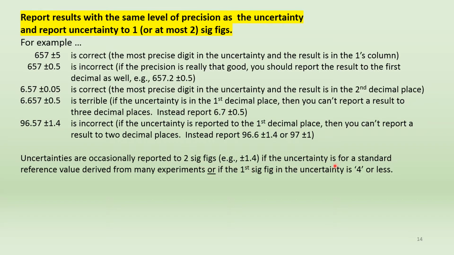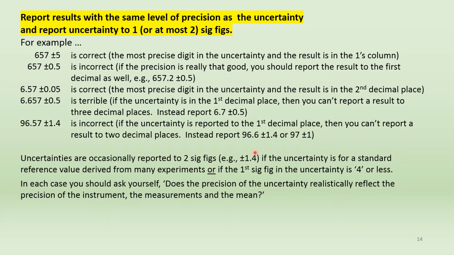If the uncertainty is for a standard reference value, you might see this in the literature or a handbook derived by many experimenters, or in your case, with your data, if the first sig fig on the uncertainty is 4 or less. Here's the first sig fig in the uncertainty. It's less than 4. In such a case, it's appropriate to carry 1 and only 1 more sig fig, a total of 2 sig figs in the uncertainty.